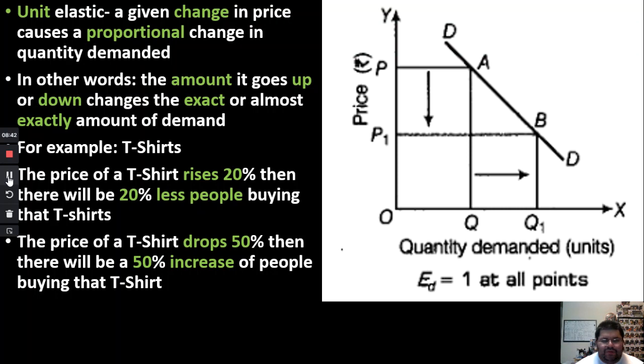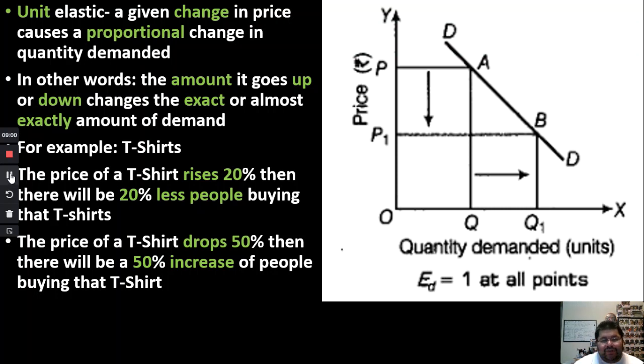How much exactly it is, we don't know. We don't know if it's 44%, 58%. But if the price dropped 50%, they're like, well, it's 50% more people coming in. That's what this means.